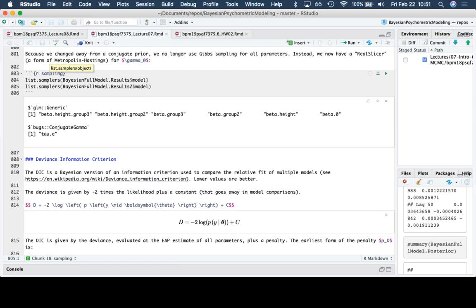And the generic really means, we phrase this where JAGS can tell it's a linear model, just a typical standard linear model, and we can go and use a conjugate prior for them, which is awesome. Tau is in a different step, but it says bugs conjugate gamma. So conjugate, what does conjugate mean again?